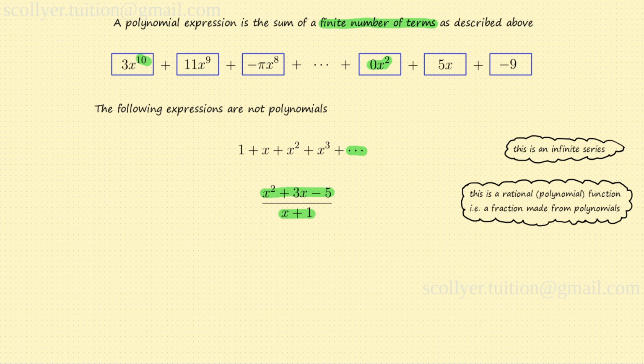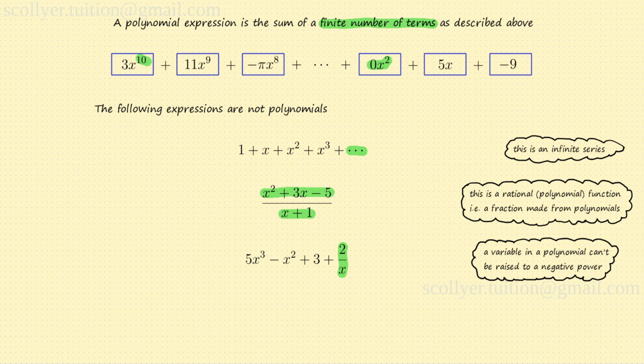Expressions like this are usually called rational polynomial functions. This expression is not a polynomial since the final term contains x raised to the power -1. And this expression is not a polynomial since the variable x can only appear as a base, not as a power, in a term of a polynomial.